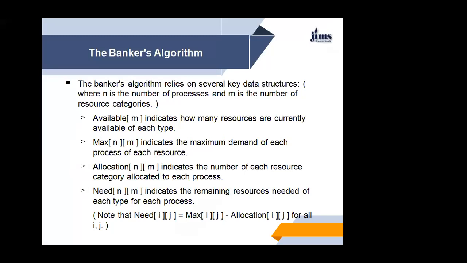Max[n][m] indicates the maximum demand of each process of each resource. Allocation[n][m] indicates the number of each resource category allocated to each process.